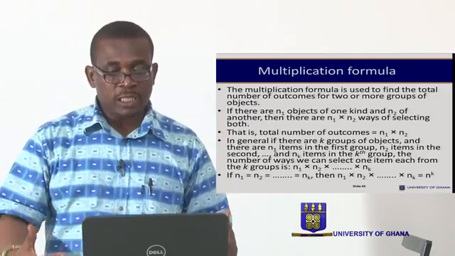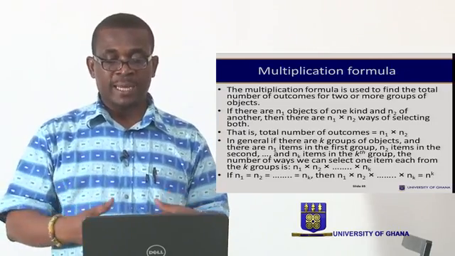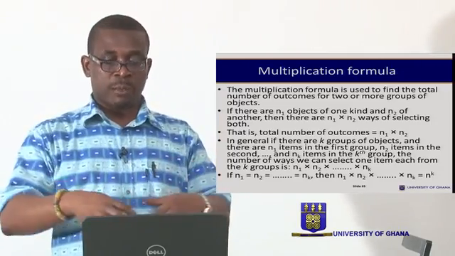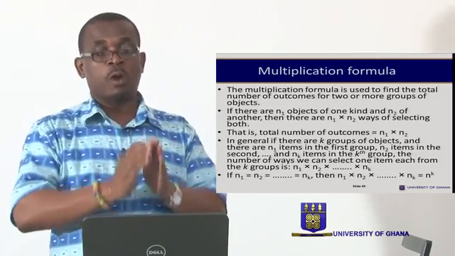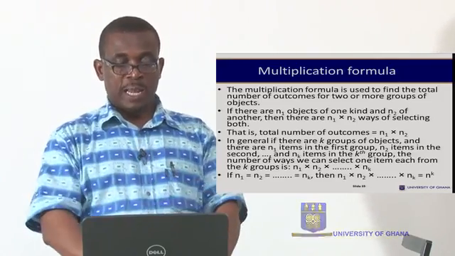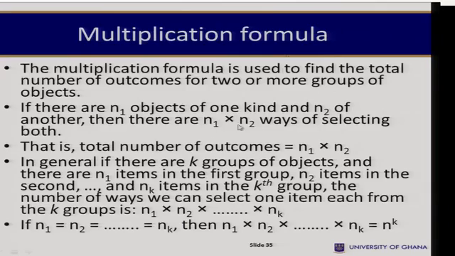The multiplication formula is used to find the total number of outcomes for 2 or more groups of objects. Let's say that there are n1 objects of one kind and n2 of the other kind. Then there are n1 times n2 ways of selecting both.